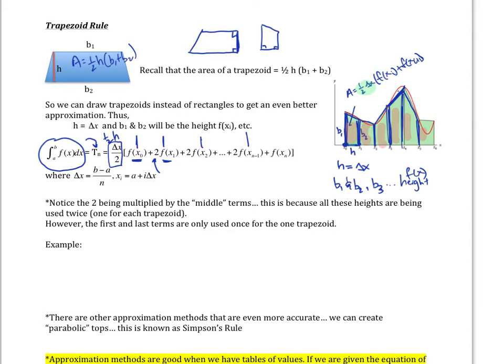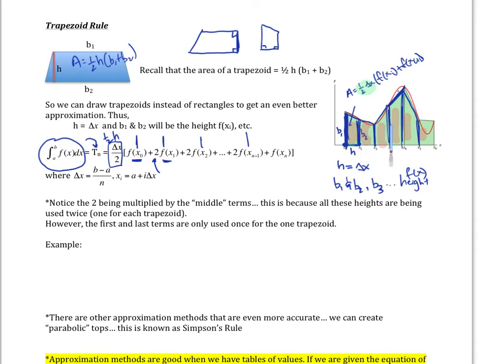Well, look at what happens. When I'm finding the area of this trapezoid right in here, I'm using base 1 plus base 2 divided by 2 times my height. When I'm finding the area of this trapezoid, I'm using base 2 plus base 3. Notice I use base 2 again. When I'm finding this one, I'm going to use base 3, and I already used it in the previous one.